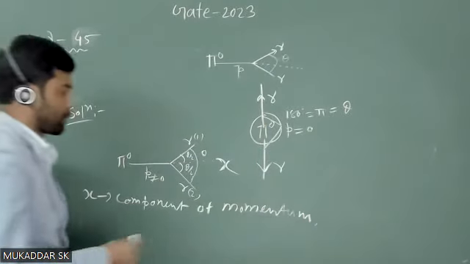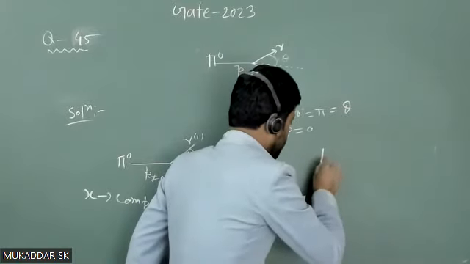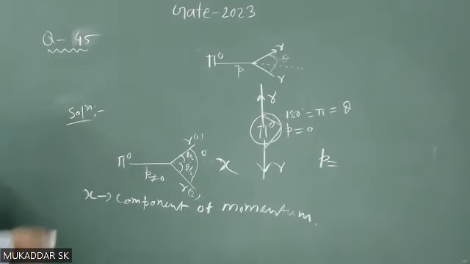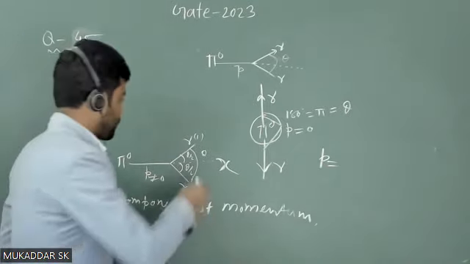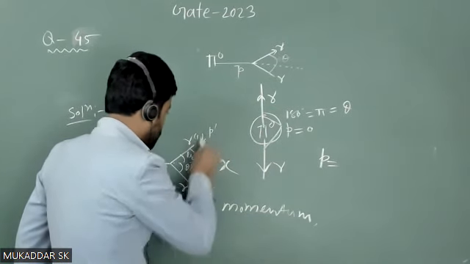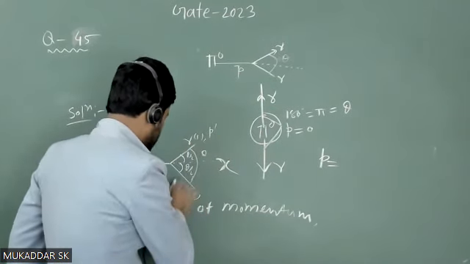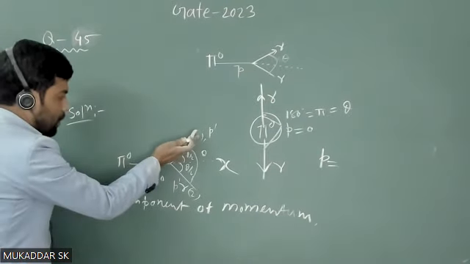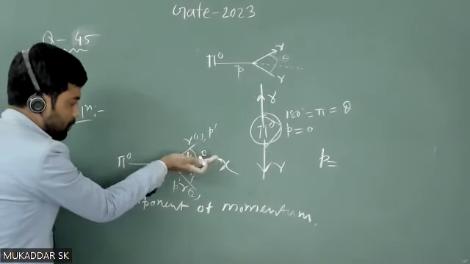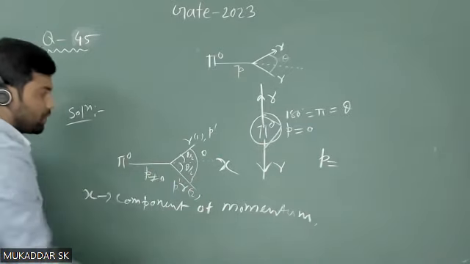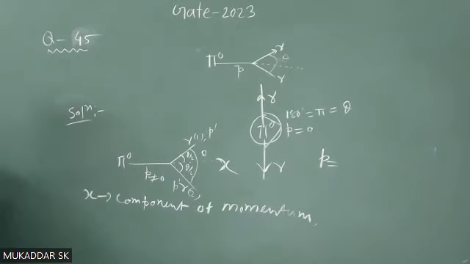I have assumed the incident particle is along the x direction. So the initial momentum p should be balanced with the momentum of the photons. Let us take the momentum of this photon as p dash, and this photon also p dash. The x component of momentum of this photon will be p dash cosine theta by 2, and for this one also p dash cosine theta by 2.